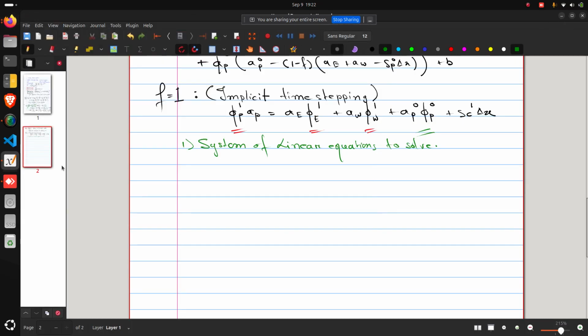So we see that in this form, when the value of f is equal to 1, we will have a system of linear equations to solve.